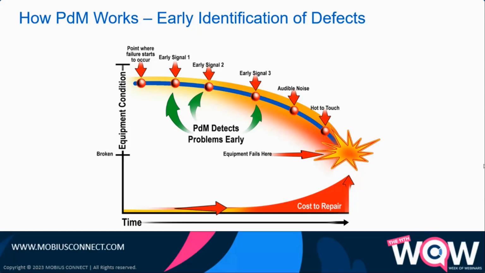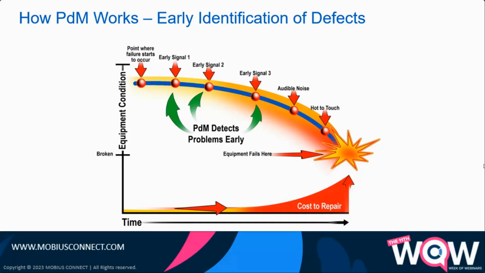The difference between those signals is really the type of technologies you're using. Some are more apt and capable of identifying failures earlier than others. But at the same time, that can shift a little bit depending upon the failure that's occurring and the conditions at the time as well. So that's the fit for condition monitoring. As you go further down the life cycle to the right-hand side where you see audible noise and hot to touch, that's really condition monitoring by human senses.